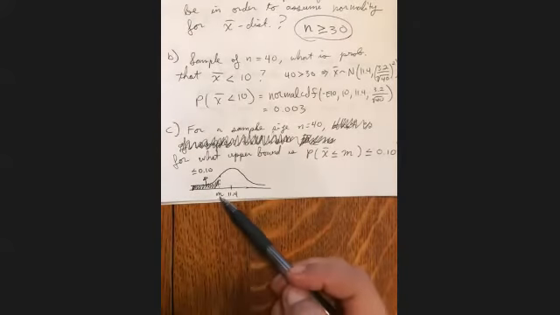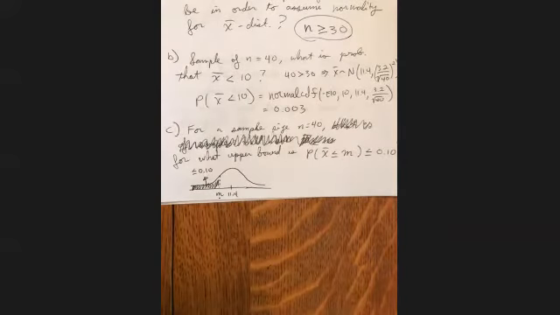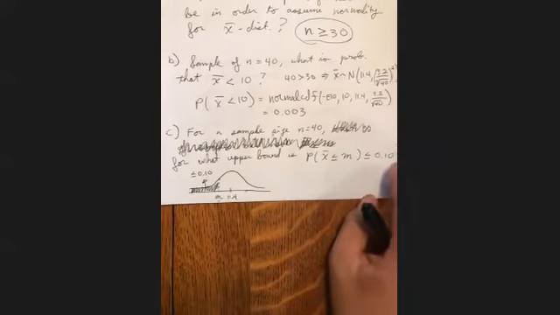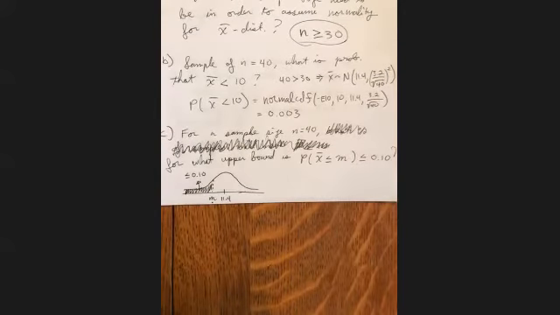So we're trying to find this M value. We learned how to do this back in chapter 7 when we were talking about the normal probability distribution. So this is actually an inverse norm problem.